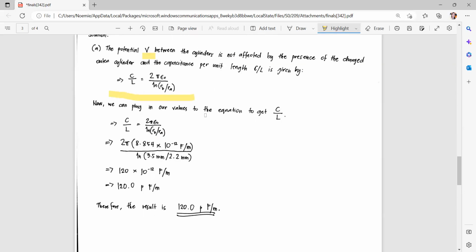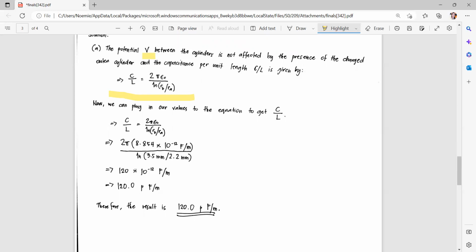So, following the formula, we just plug in the values so we can get the final result. 2 pi times 8.8854 times 10 raised to negative 12, all over ln of the quantity 3.5 millimeters over 2.2 millimeters.